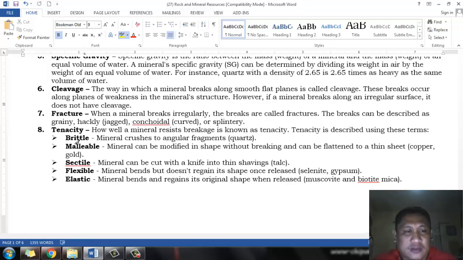So that's referred to malleability. The next one is sectile. So mineral can be cut with a knife into thin shavings. So pwede na to siya mura bitaw ka na magtahal kag lapis. So kung ang mineral pwede nimo matahal in that manner, thin shavings, that's sectile.